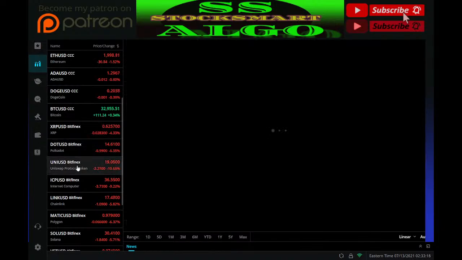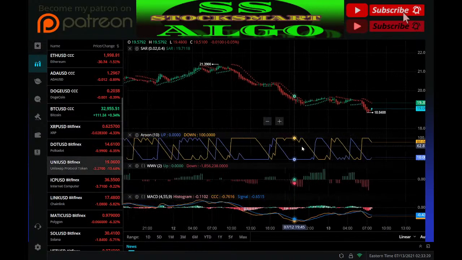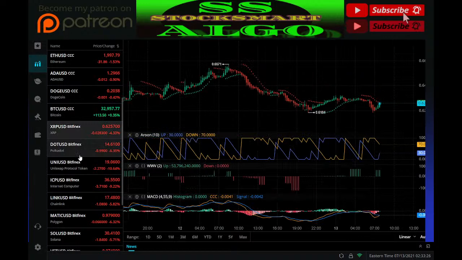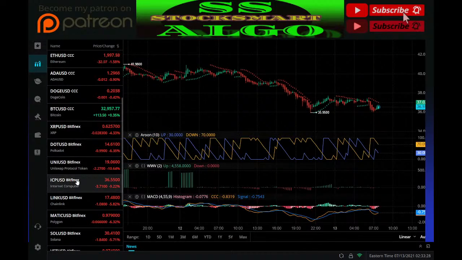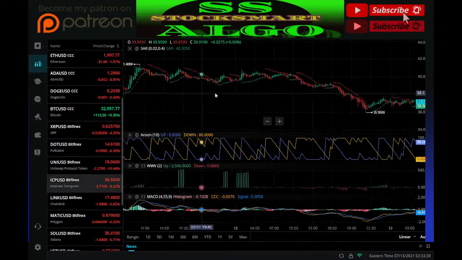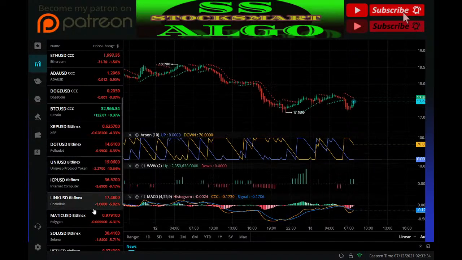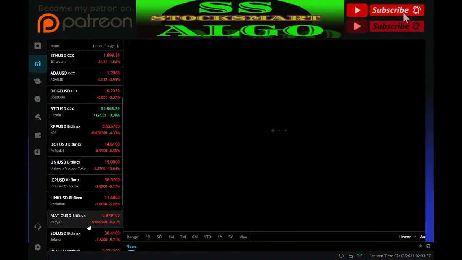Polkadot, Uniswap. A lot of those look the same, don't they? This one's a bit different. Chainlink, Polygon.